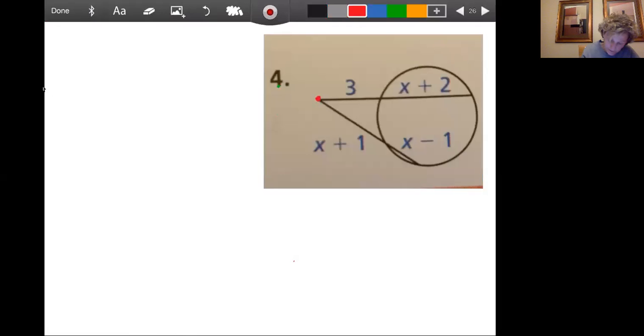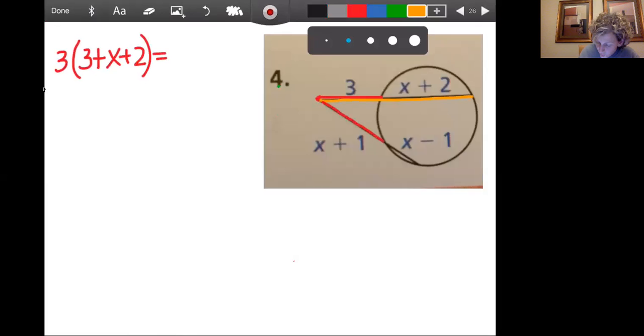All right, so check this out. What we're going to have is 3 times 3 plus x plus 2. Do you see it? Outside is 3 times the whole, 3 plus x plus 2. And that's going to equal outside x plus 1 times the whole, x plus 1 plus x minus 1.